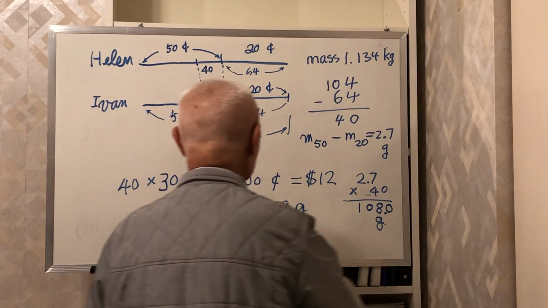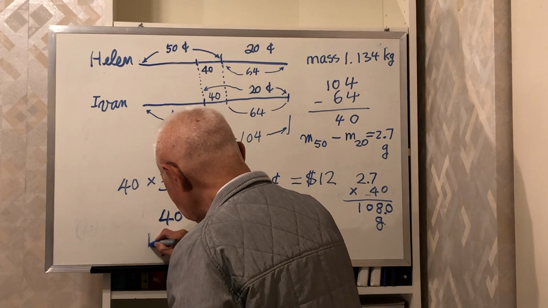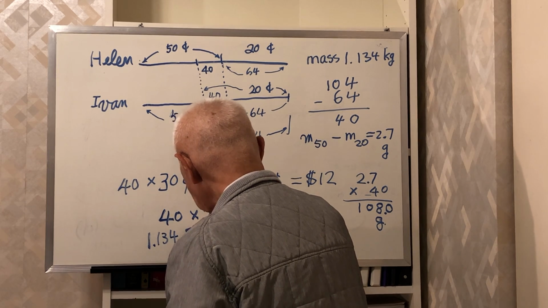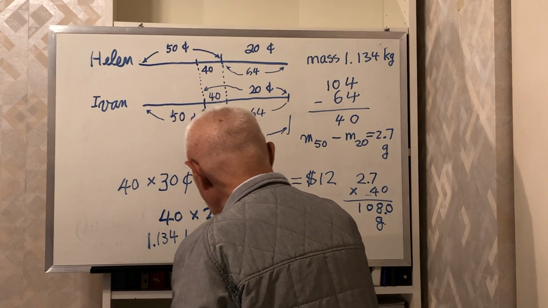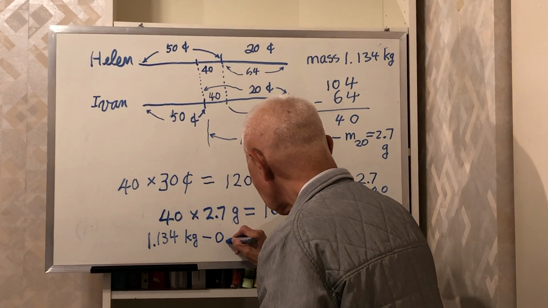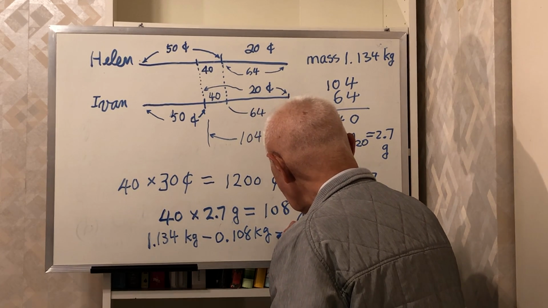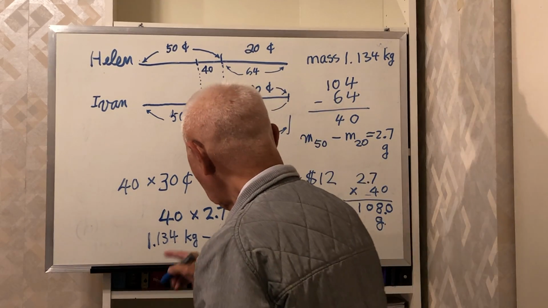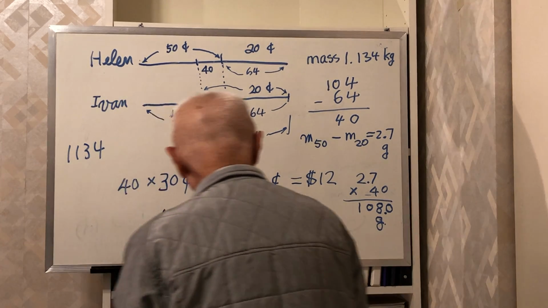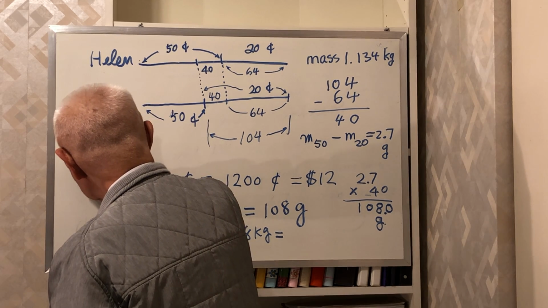Ivan's coin mass is 1.134, that's kilogram, minus, change this to grams, 1134 minus 108, and the decimal is here.